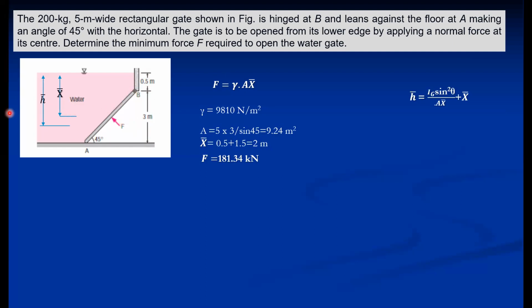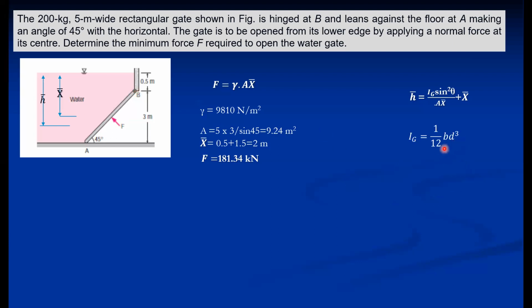Secondly, h bar. As this is the inclined plane surface, the expression of h bar, that is its distance from the free liquid surface, is Ig sine square theta upon A x bar plus x bar. In this, only Ig we have to determine. As it is a rectangle, because sine theta takes care of the inclination, we can use the expression for a rectangle. So if we consider this as a rectangle, with the side parallel to the surface, Ig is 1 by 12 B D cube.